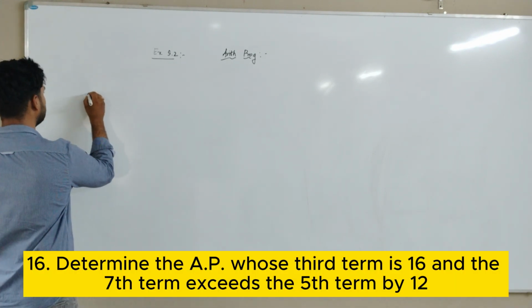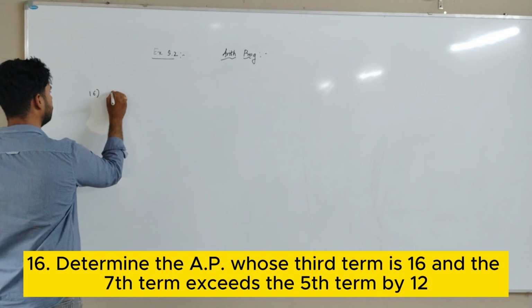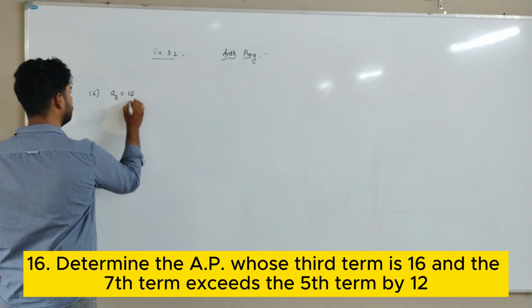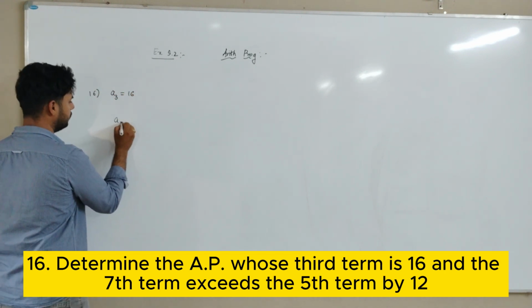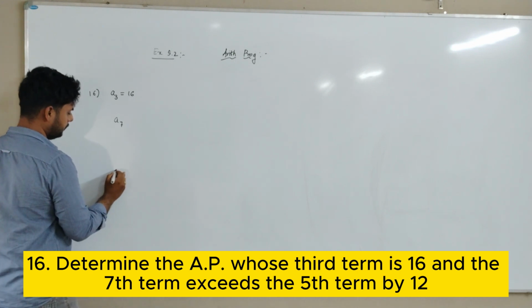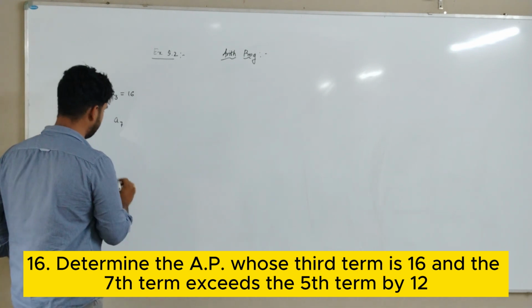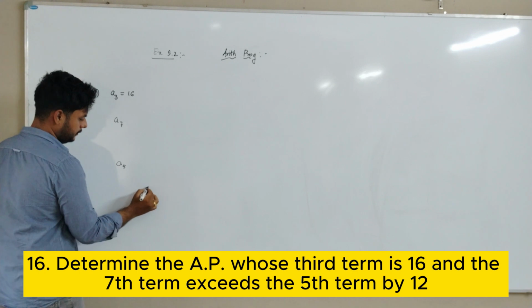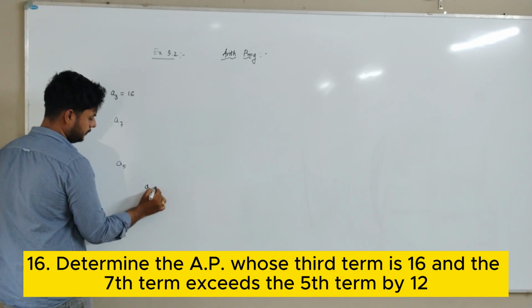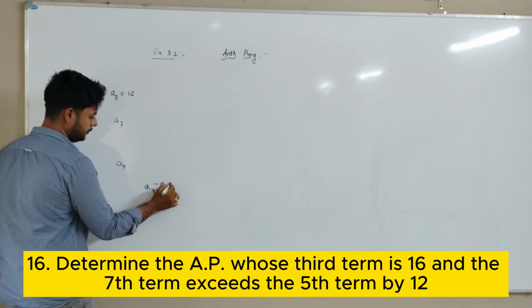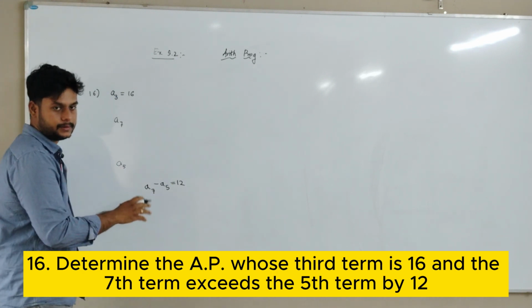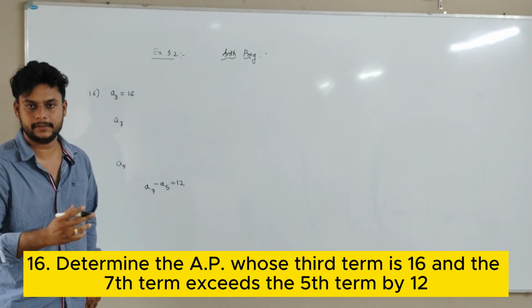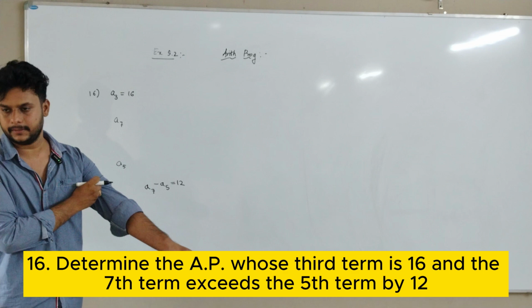Determine the AP whose third term is 16 and the seventh term exceeds the fifth term by 12. This type of question is a 10th sum. We have done it before. Everybody read the 10th sum.